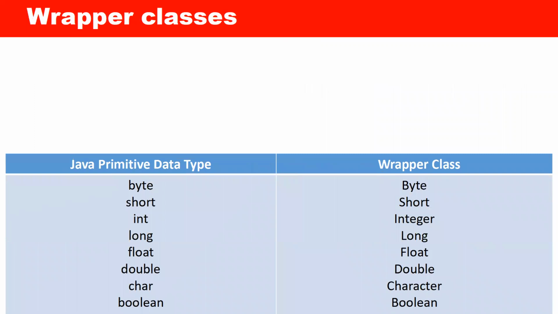Next come wrapper classes. Before going to the definition of wrapper classes, as you all know, there are 8 primitive data types, and for each primitive data type there is an associated wrapper class. For byte, it is Byte. How do you differentiate a keyword from a wrapper class?